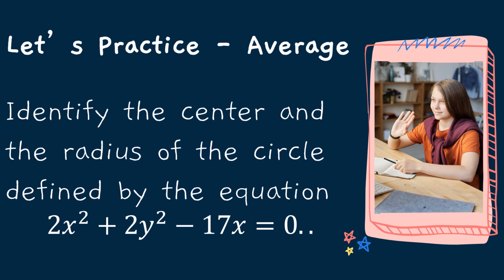So we need to do an extra step in solving the standard equation first. So writing the general equation on the next slide, we have an equation of the format 2x squared plus 2y squared minus 17x is equal to 0.